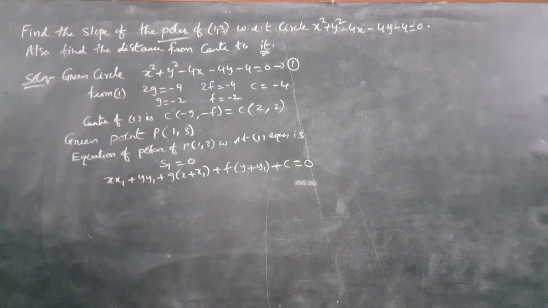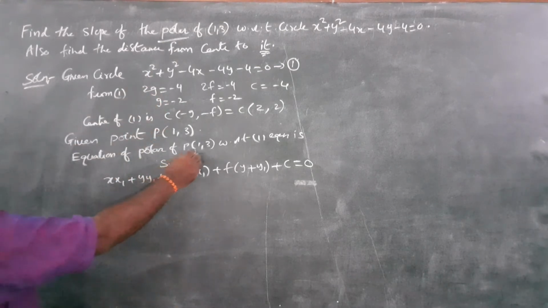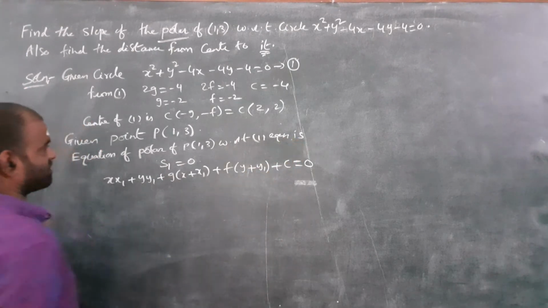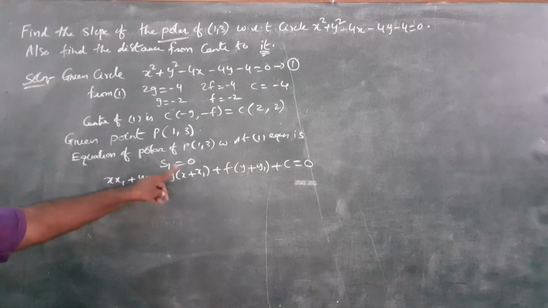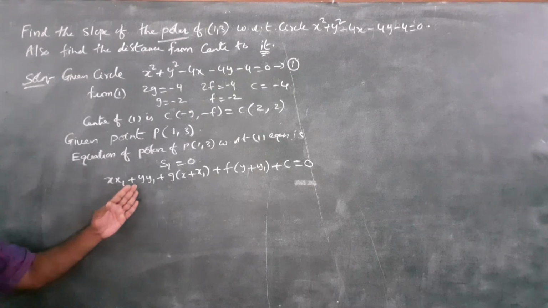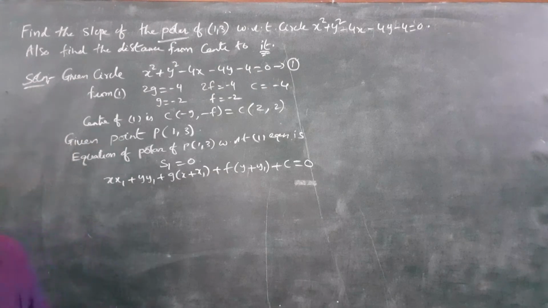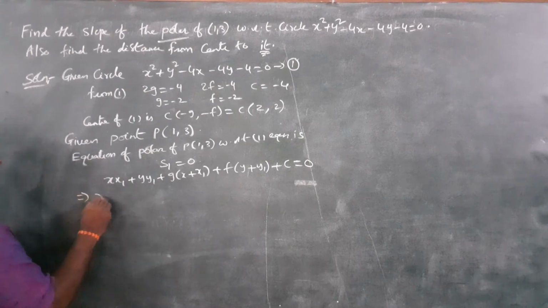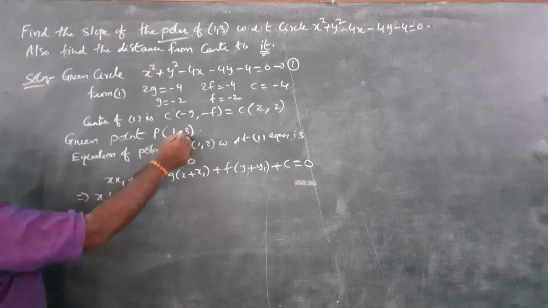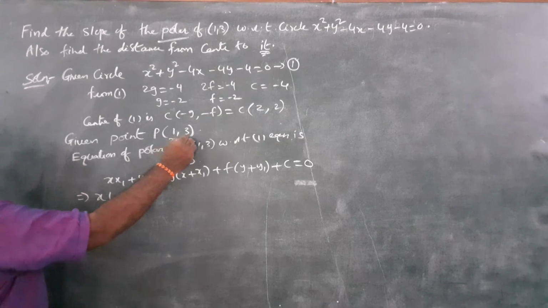First of all, we are going to find the equation of the polar of P 1, 3 with respect to the circle. The formula is S1 equal to 0. S1 means x x1 plus y y1 plus g into x plus x1 plus f into y plus y1 plus c equal to 0. Now we substitute the values here: x into x1. x1 means point P, this is x1 and this is y1.